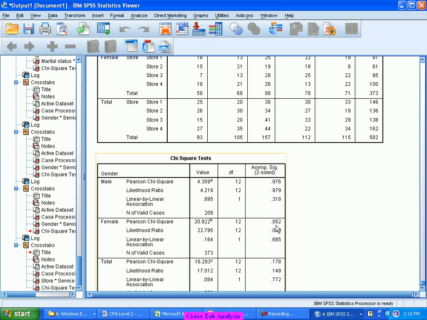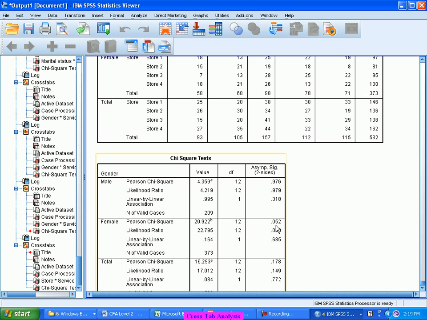Now that will become a pointer to the manager to know that overall satisfaction levels are fine, but once I break it into males and females separately and analyze the same data, I am finding a clear difference. So what happens in this entire analysis is, the more I dig deeper and deeper by bringing in more and more nominal variables, the real crux of the problem comes out.